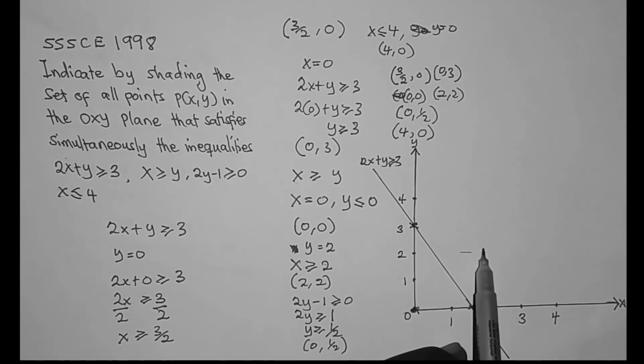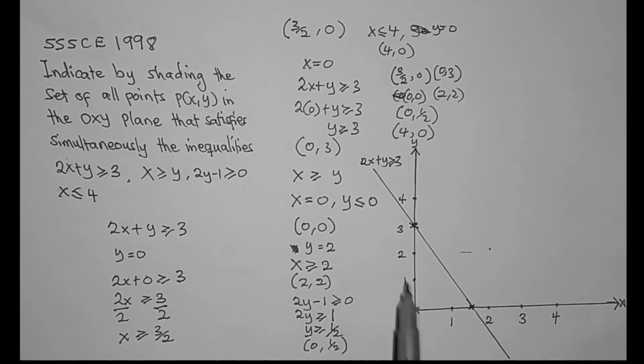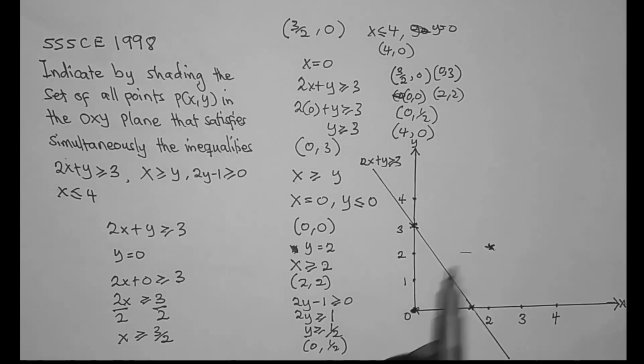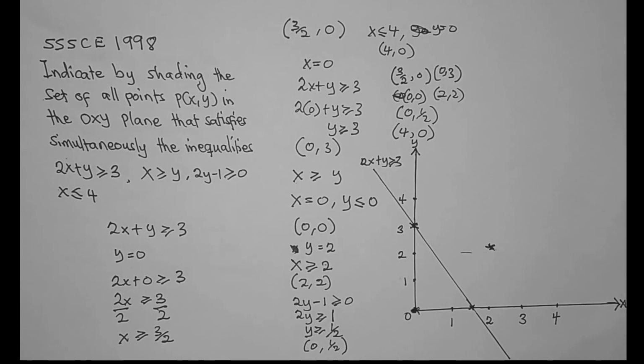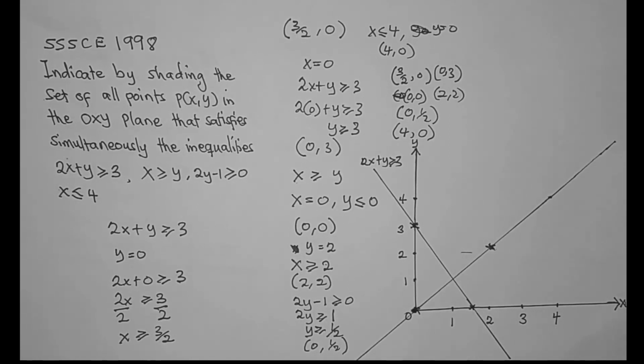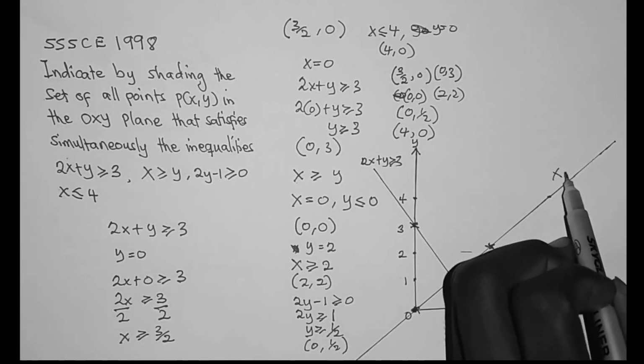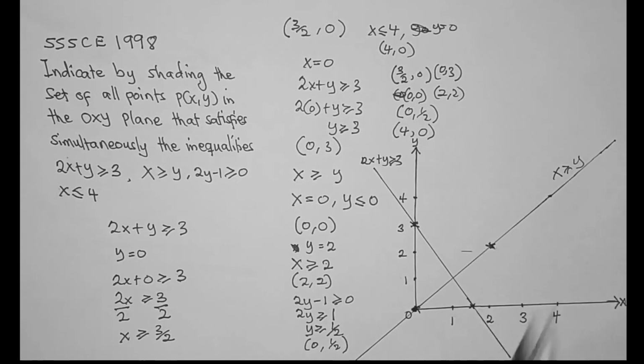So this point is going to lie somewhere here. So let's join both points to also form a straight line. So this line too is the equation x is greater or equal to y.